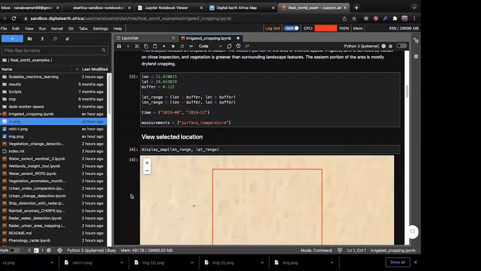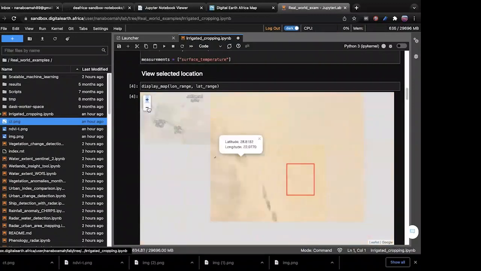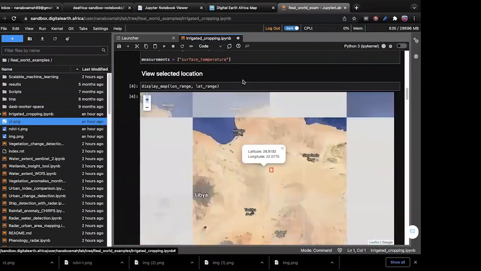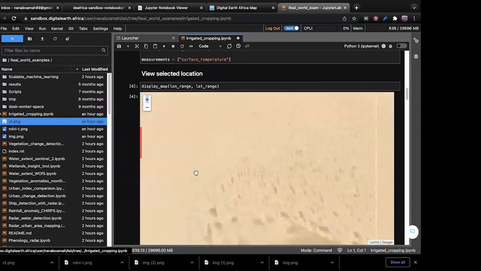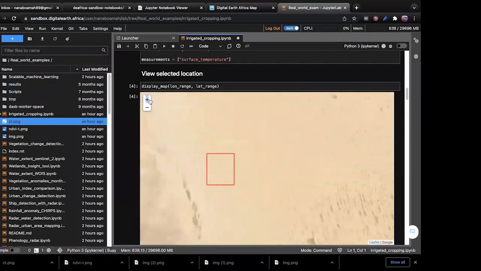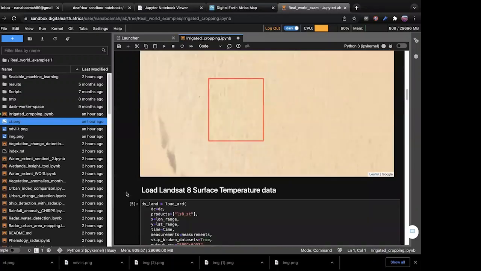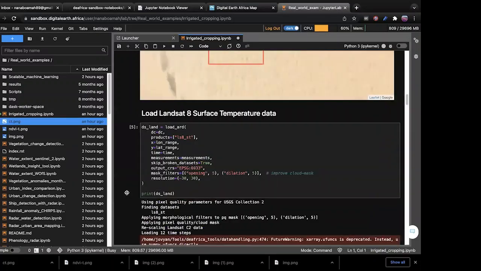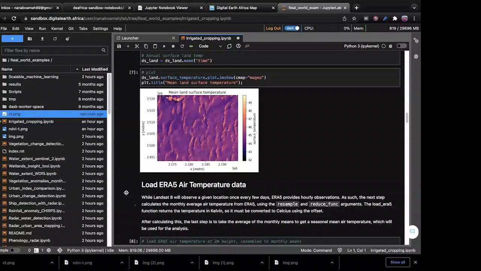Because this area is Egypt, let's see whether I'm in the correct area. Am I in the correct area? Yeah, I think so. Okay, let's go down to see if you're in the correct area. Interesting. Getting nice data there.